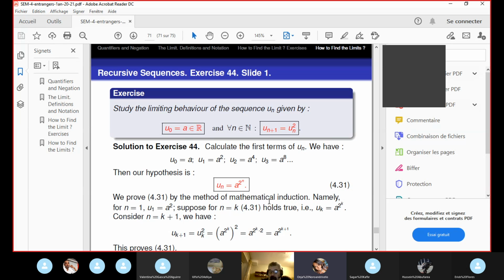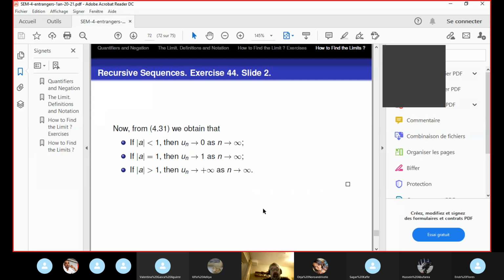Yes. No problem. So here it is a simple situation. We have a very simple result, because now we know the nth term of our sequence. So we pass to the second slide and we can have the following limit result.